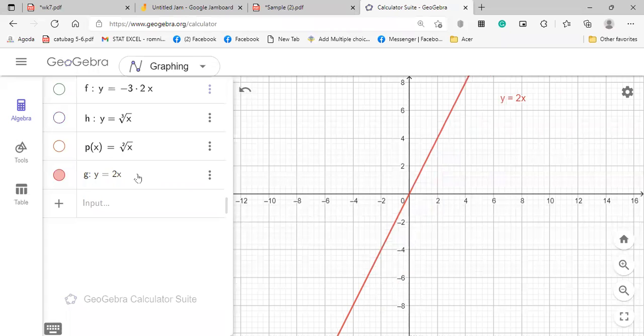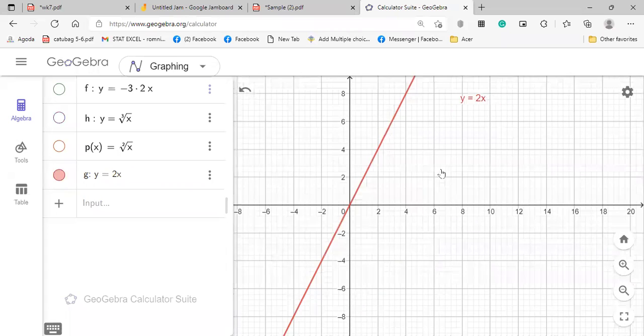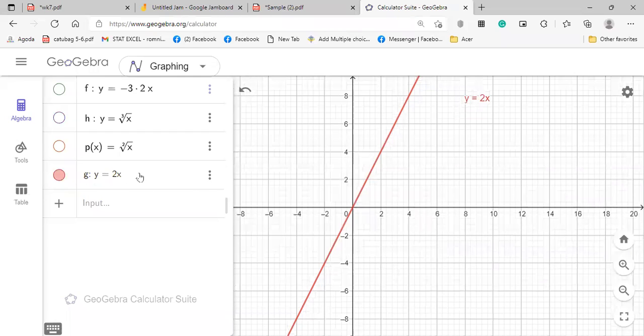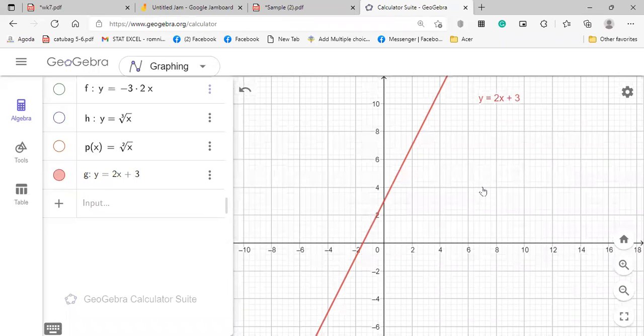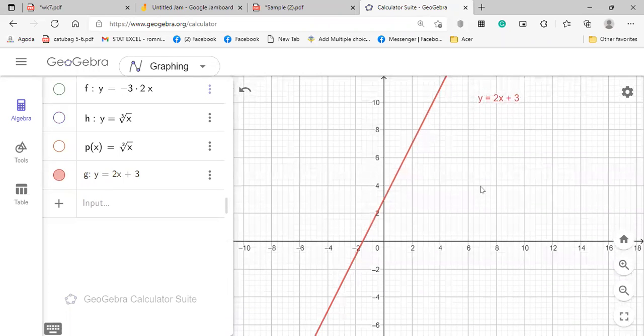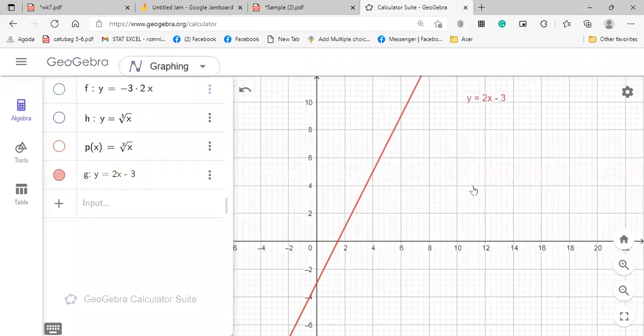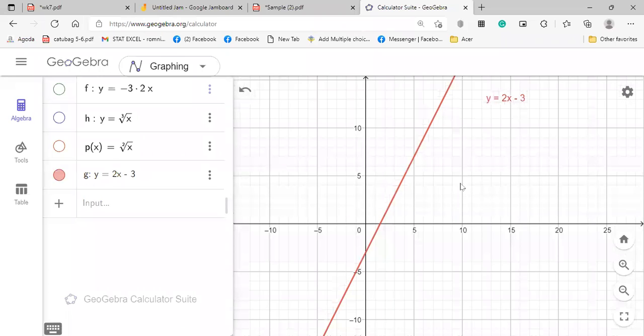That is 2x. Kung ini-increase mo yung x, nag-i-increase din ang y. Kung nilagyan mo ng 3, nag-plus ka ng 3 na constant, binago ba niya? Hindi. Nag-i-increase pa rin siya infinitely. Nag-subtract ka ng 3, binago ba niya ang movement? The more na hindi. Nag-i-increase pa rin siya.